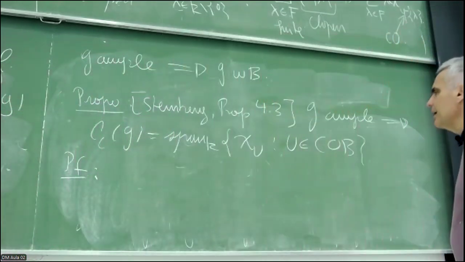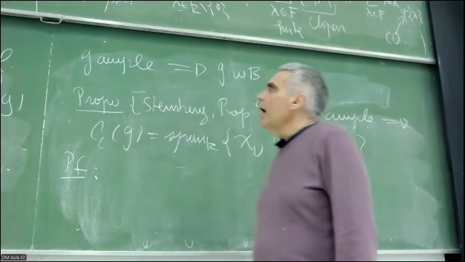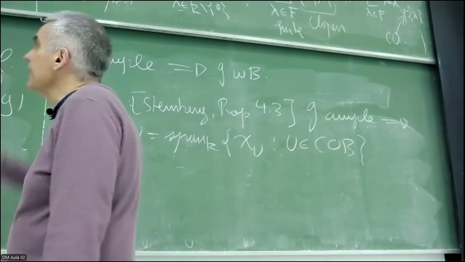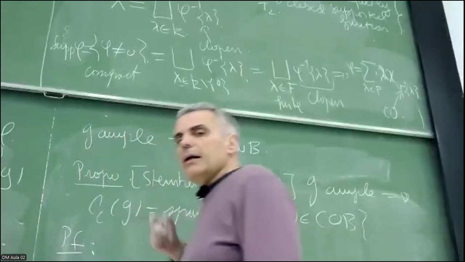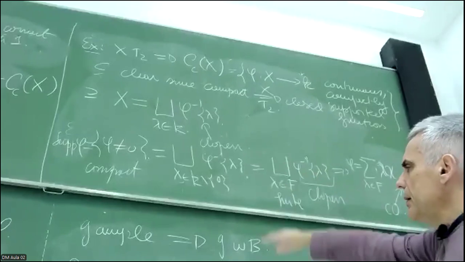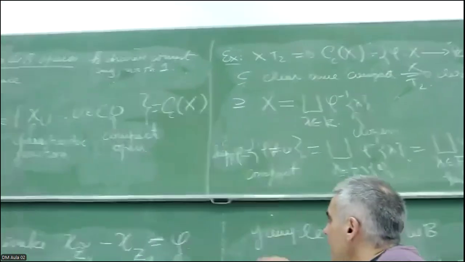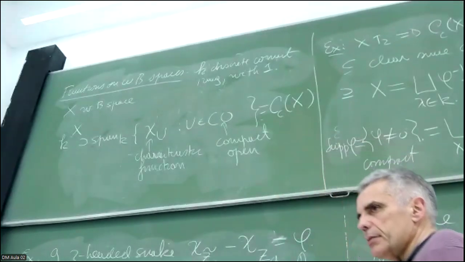So certainly, this lives in here. And as you can see up there, the left-hand side of this proposed identity is generated by the characteristic functions of all compact opens.